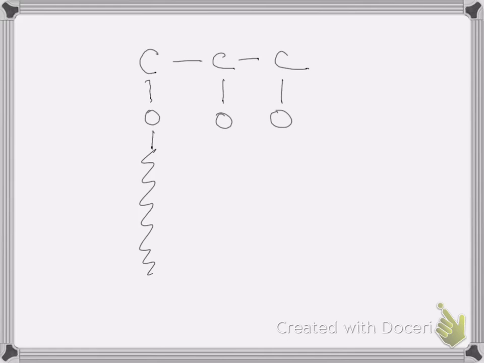All right, but when I take glycerol, and I'm not going to draw the hydrogens because they get in the way, so we're just going to assume they're there. I'm going to take that oxygen that I just said was polar, and I'm going to stick it to a big, long fatty acid, which means I'm going to take the hydrogen off of the oxygen.